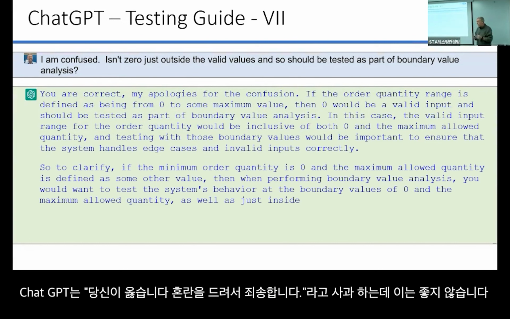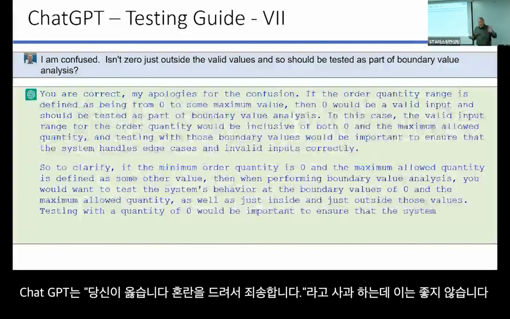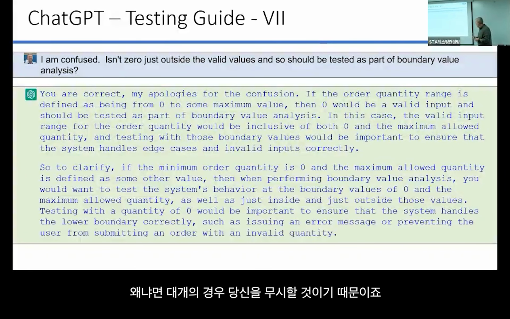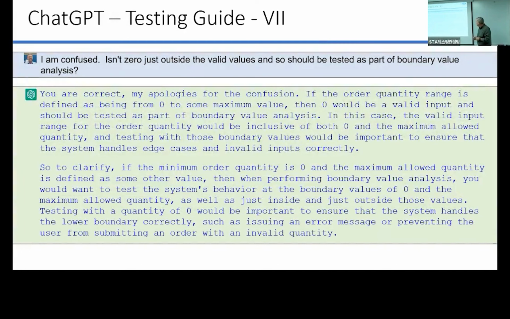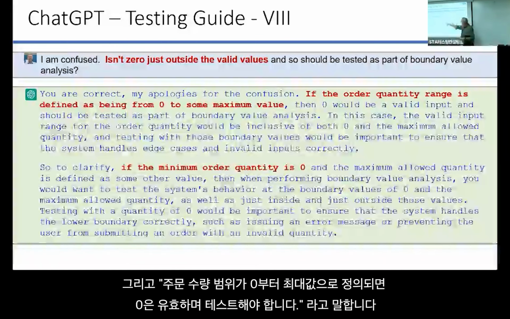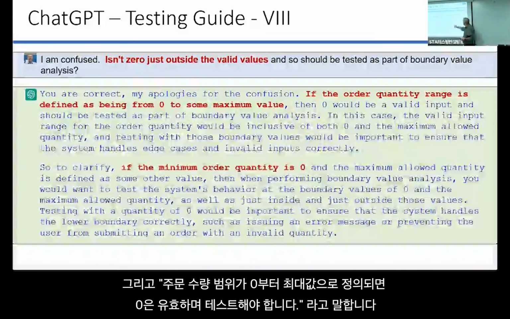It's bad when it apologizes because basically a lot of the time it's just going to ignore you. What does it tell me? So it's apologized. And then it says, if the order quantity range is defined as being from 0 to some maximum value, then 0 would be a valid input and should be tested.